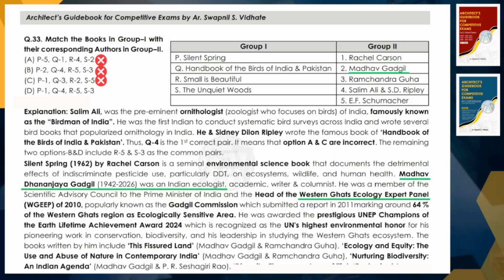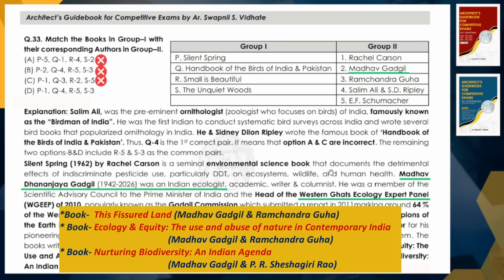Then the famous name, Madhav Gadgil, is associated with the Western Ghats Ecology Expert Panel. Many famous books have been written by Madhav Gadgil, and Madhav Gadgil, along with Ramachandra Guha, wrote the book titled Nurturing Biodiversity: An Indian Agenda.